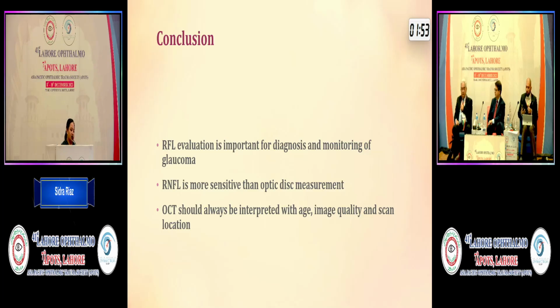It is more sensitive than only measuring the cup disc ratio, and it should always be interpreted with age, your image quality, which will depend on media clarity, and scan location. The circle we see around the disc must have the disc in the center. And if there is slight dislocation of this center, the result may be prejudiced.